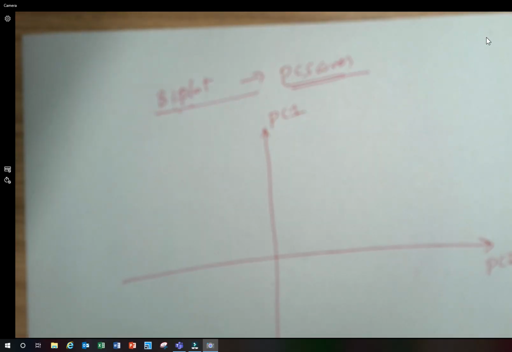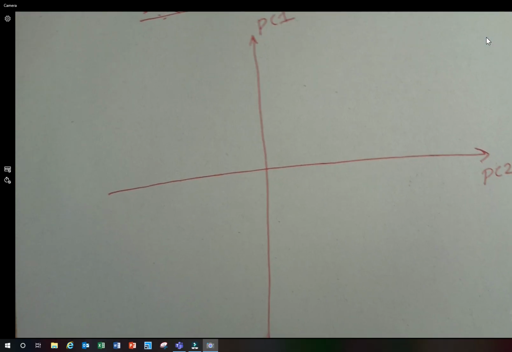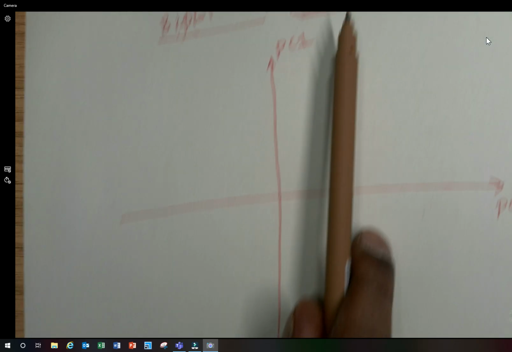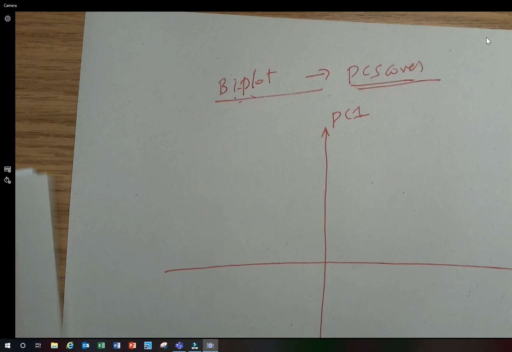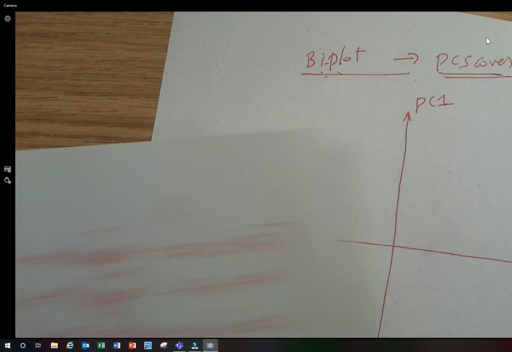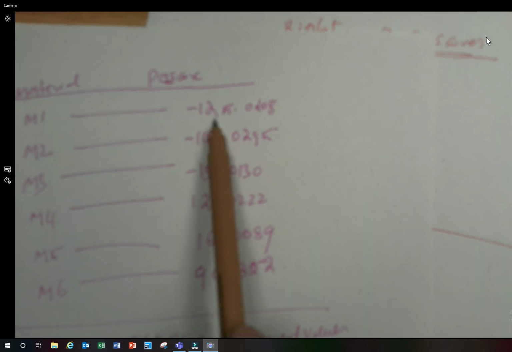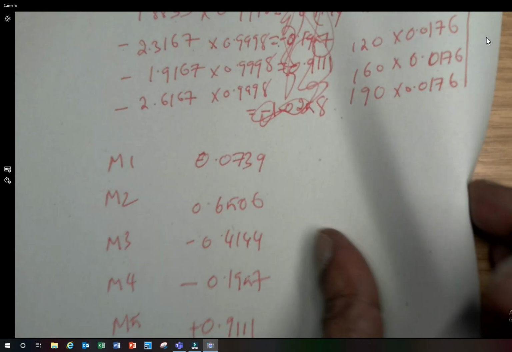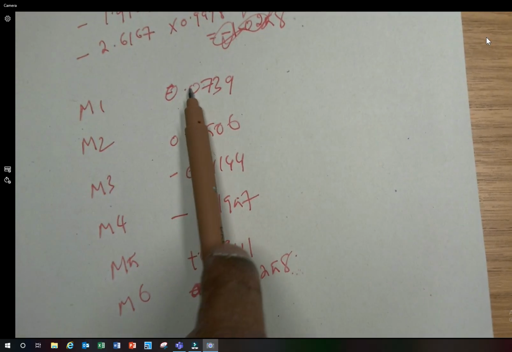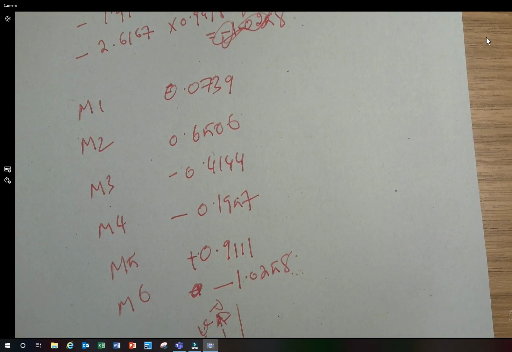The name itself tells it: we plot our PC scores, PC1 versus PC2. So this is our PC1 score, and these are the PC2 scores. And if you want, you can plot these values.